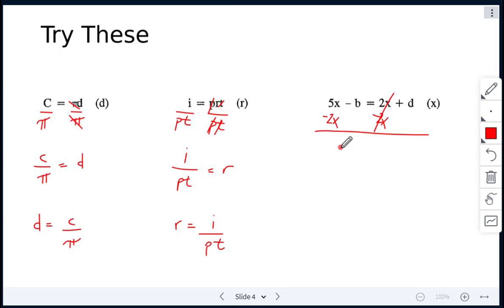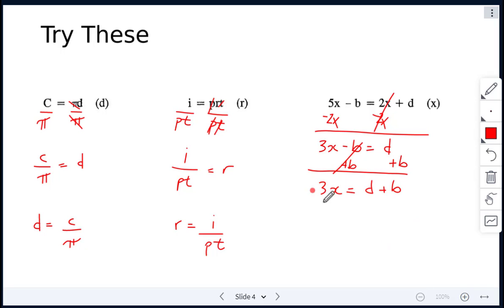And that will leave me with 3x minus b is equal to d. So next what I'll do is I'll add the b over to both sides. And now I'm left with 3x is equal to d plus b.